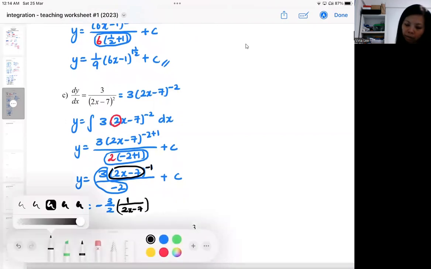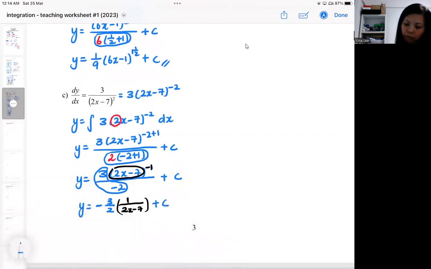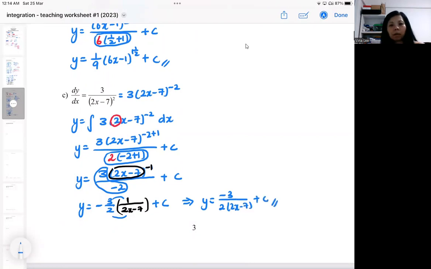The negative power will become a fraction. So eventually, you do numerator times numerator, denominator times denominator. So that will be your answer. When things get complex, you can't mentally integrate. You got to go through the formula.